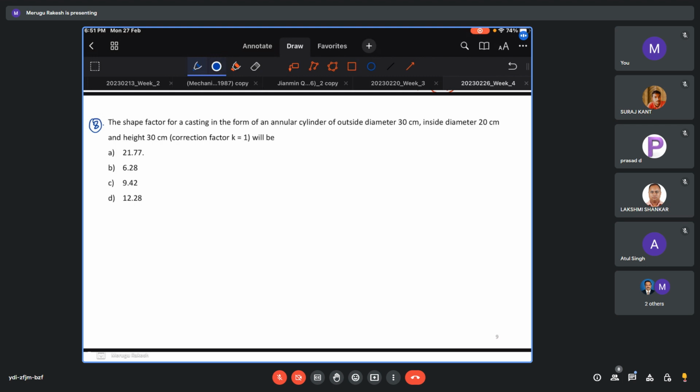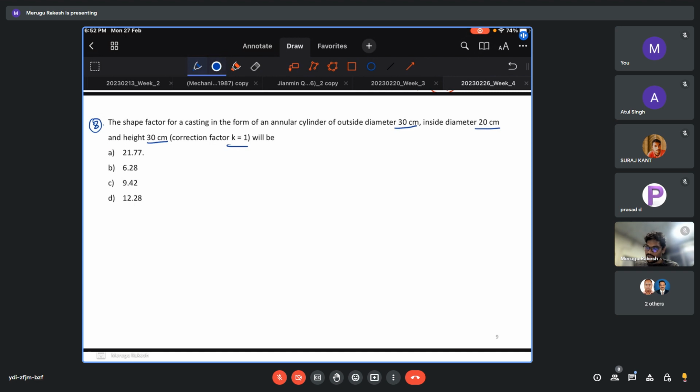So any answers? Okay. So the shape factor for a casting in the form of an annular cylinder of outside diameter 30 centimeters and inside diameter of 20 centimeters and a height of 30 centimeters.